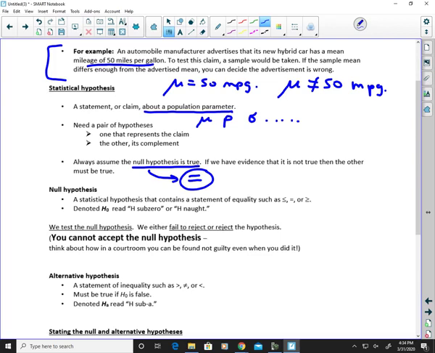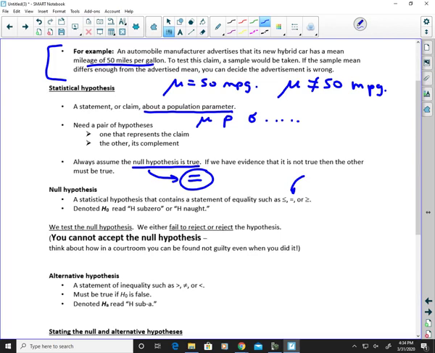So the null hypothesis is a statistical hypothesis that contains statements of equality like less than or equal to, or greater than or equal to. I like to use equal, and that's a more current way to do it. This textbook uses all three.